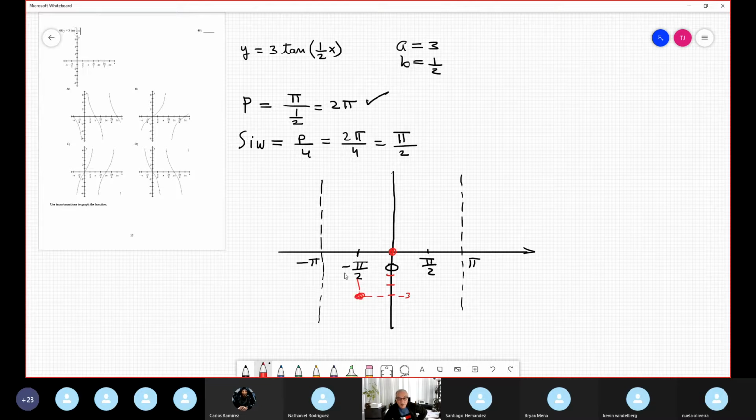And at positive pi over 2 it is positive 3. 1, 2, 3. Okay, our graph looks like that. Remember the asymptote: the curve approaches but never touches it. So this line continues forever but never touches. This is the graph. Do you see or no?